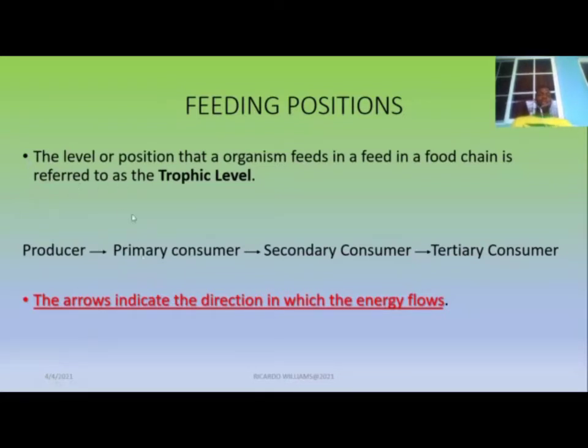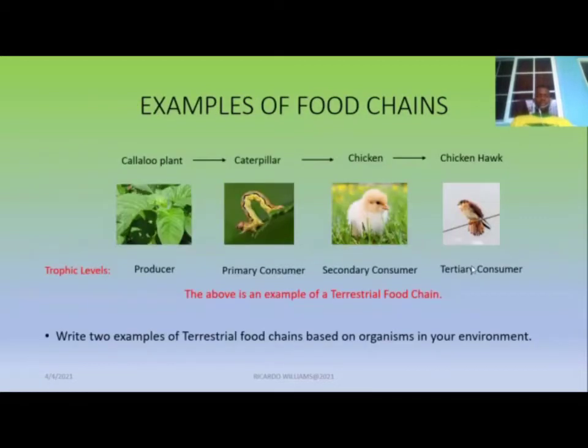So the food chain would be outlined just like this, but it is important that you put your arrows in and your arrowheads. So the arrows show the direction in which the energy is flowing, right? So the energy is flowing from the producer to the primary consumer, to the secondary consumer, all the way up to the tertiary consumer, right? Make sure you note that.